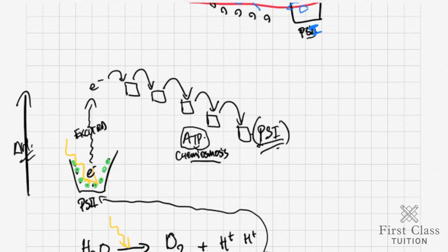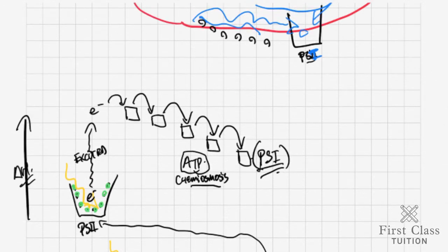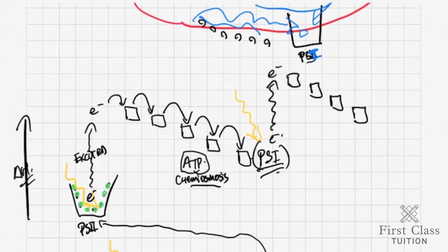Within this photosystem 1, we've got more photosynthetic pigments. The light is going to strike the electron that's being housed within this protein complex, and that's going to excite it. And when it becomes excited, it's accepted by another electron transport protein.